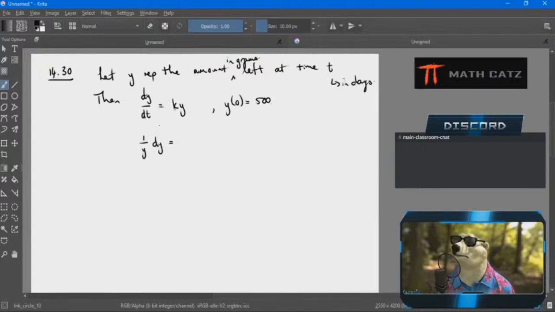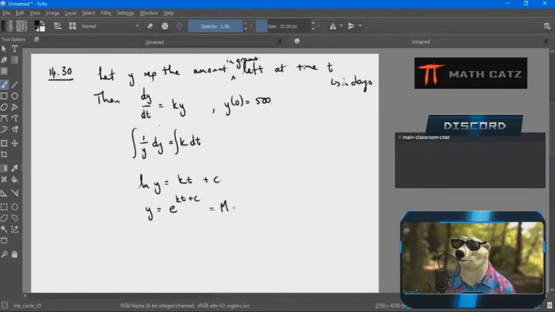The actual value of k is irrelevant in the solution process. I separate the variables, I integrate both sides, I get a natural log, kt plus the integration constant. Then I solve for y, and I write a more convenient integration constant, m, instead of e to the c.